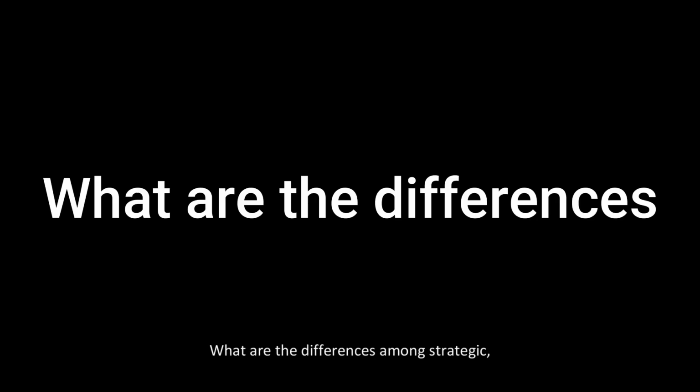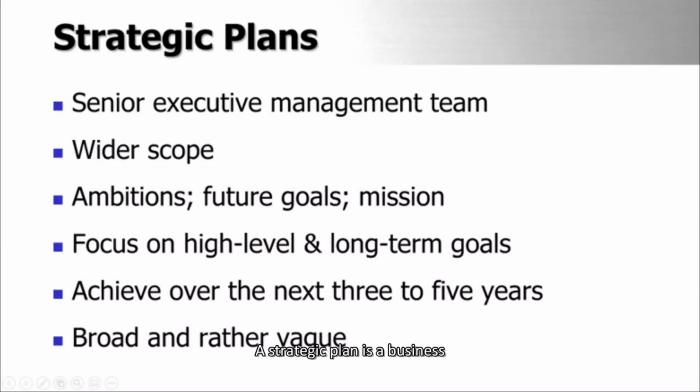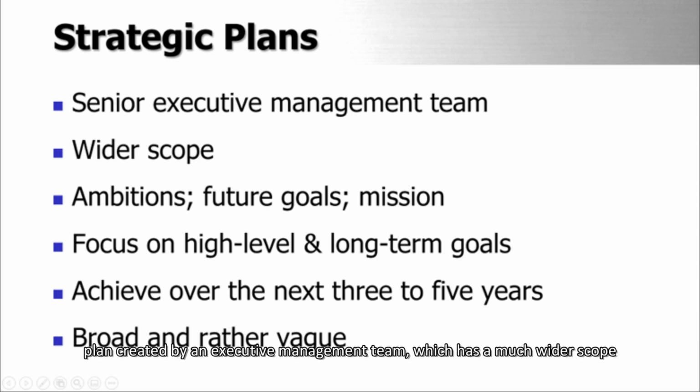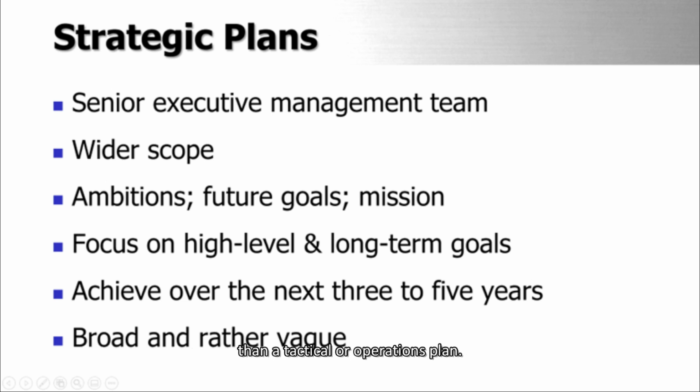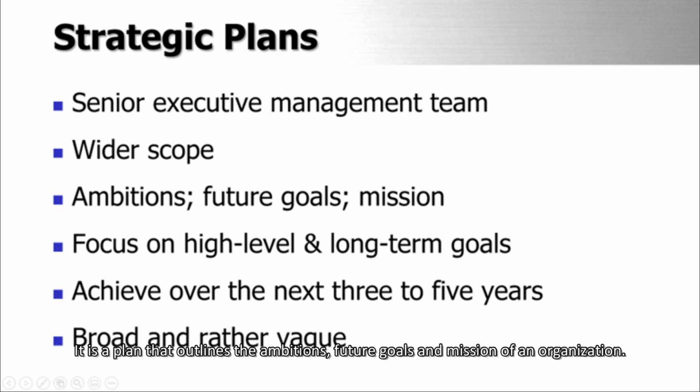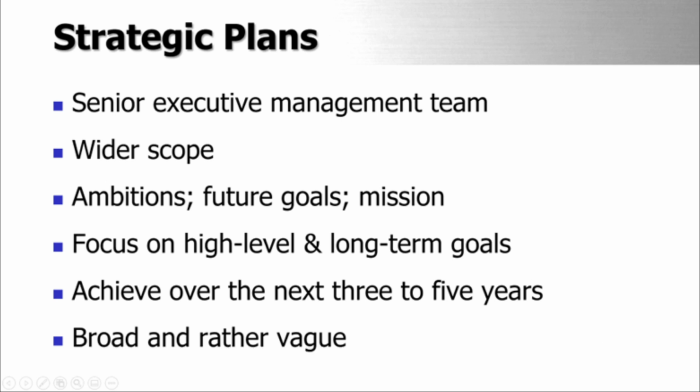What are the differences among strategic, tactical, and operations plans? A strategic plan is a business plan created by an executive management team which has a much wider scope than a tactical or operations plan. It is a plan that outlines the ambitions, future goals, and mission of an organization.